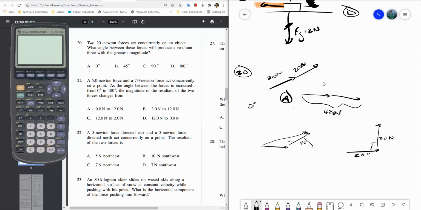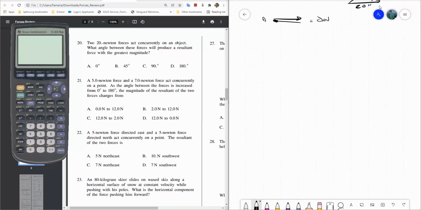You can do the math on this one too if you'd like. Resultant's going to be less than 40. And if you did 180, you have 20 going one way, 20 going the opposite way. They completely cancel out, and you get 0 newtons for choice D. The only one that makes any sense is A. A must be the answer. 0 degrees because they're perfectly lined up. Moving on to 21.